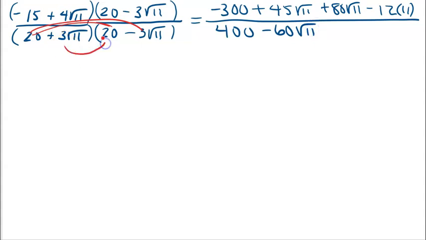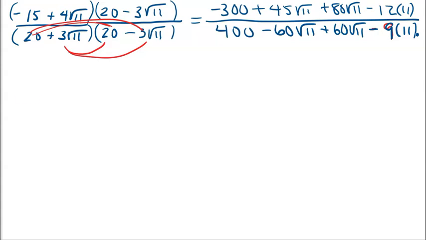So 3 square root of 11 times 20 is going to be plus 60 square root of 11. And then last, 3 square root of 11 times negative 3 square root of 11 is going to be negative 9. That's not supposed to be read. I apologize. So that's negative 9. And then square root of 11 times square root of 11, remember, is just 11. No more square root. Why? Because it's the square root of 121, which is 11.